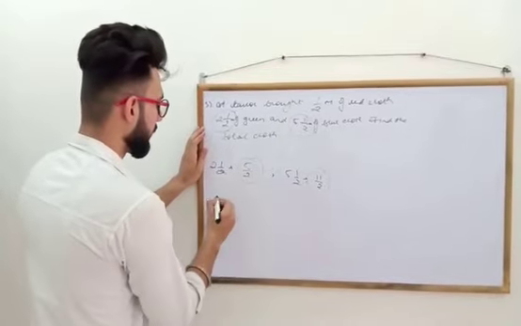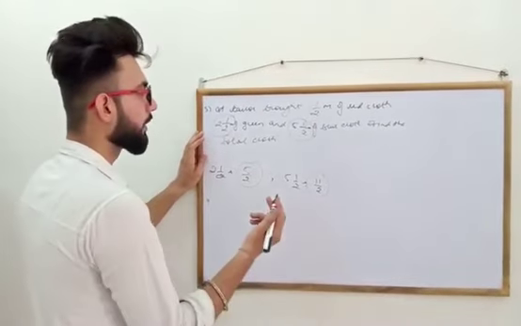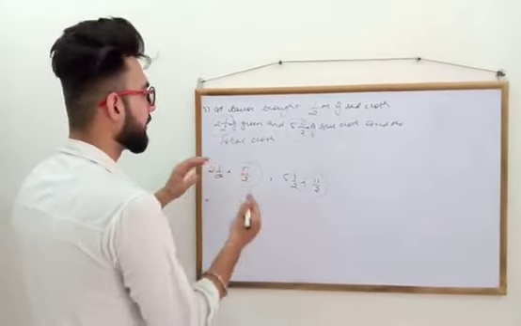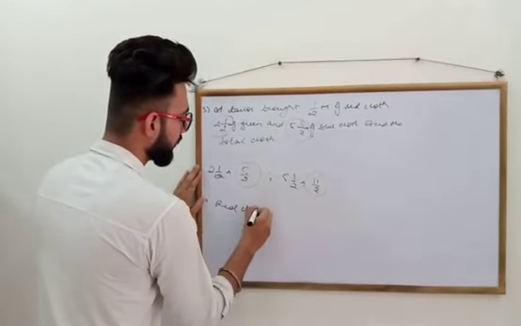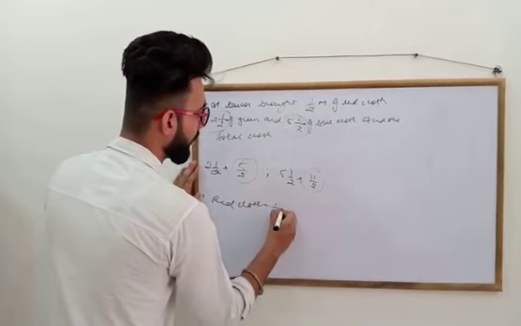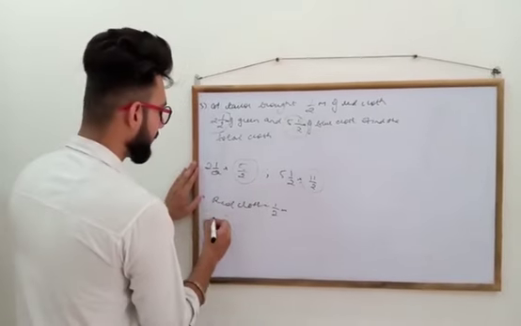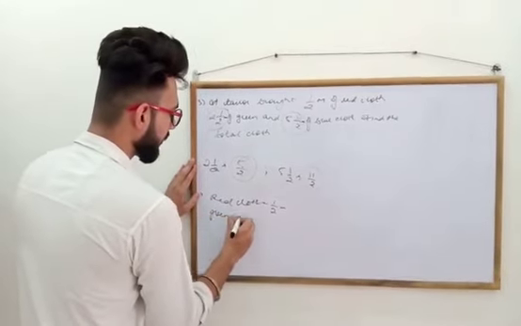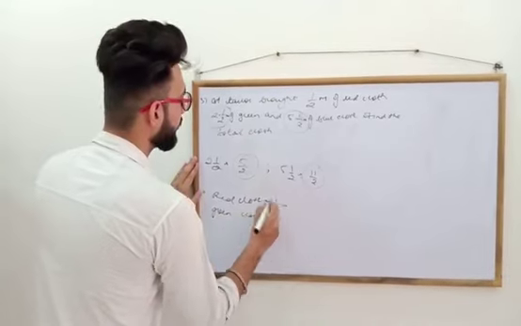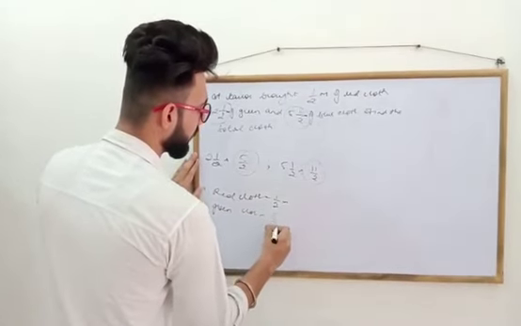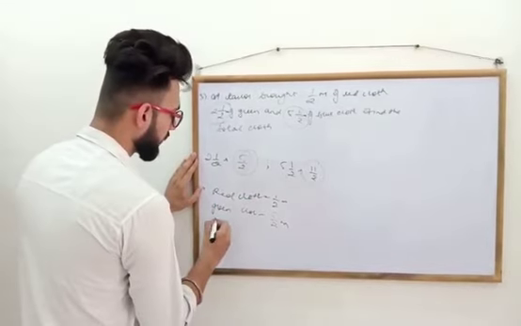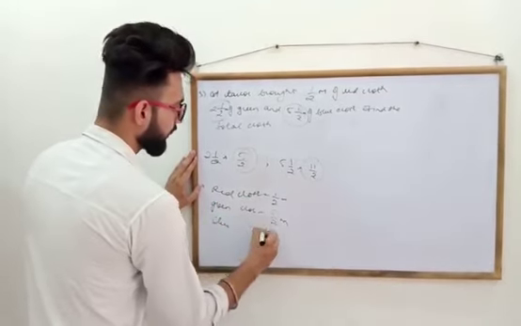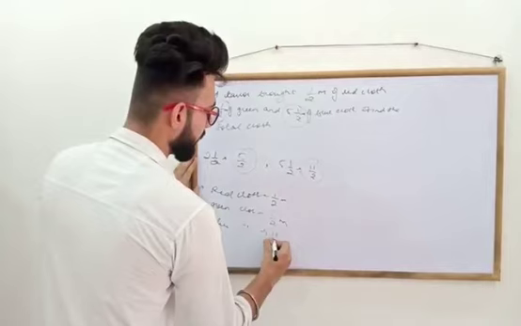Now you can write step by step. Red cloth is equal to 1 by 2 meters. Then green cloth is equal to 5 by 2 meters. And at last, blue cloth is equal to 11 by 2 meters.